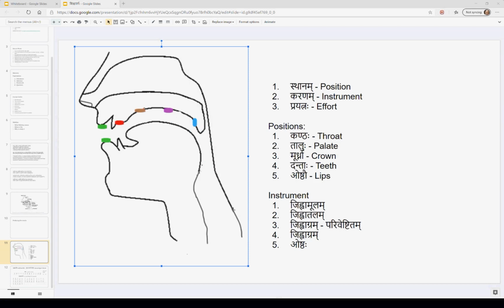So when our Shikshaa Granthas say the position of A is throat, that means the air is being constricted here. Though the constriction is less, we don't feel it. Similarly, the Karanam, the instrument for that, is the root of the tongue, the very back of the tongue, where it is attached to the cavity there.